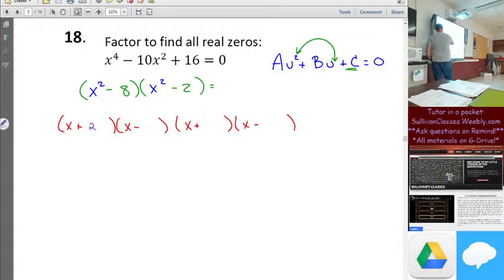Square root of 8 is 2 root 2. Make sure you simplify it correctly. Square root of 2 is just square root of 2. Now, yes, you could set this equal to 0, set this equal to 0, square root, remember, plus or minus. That works as well.